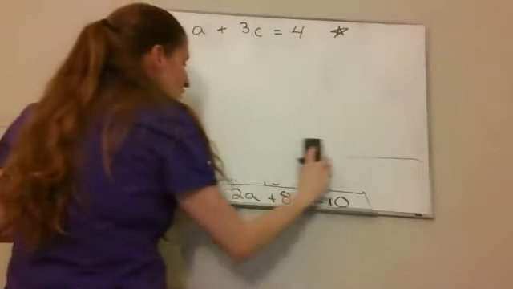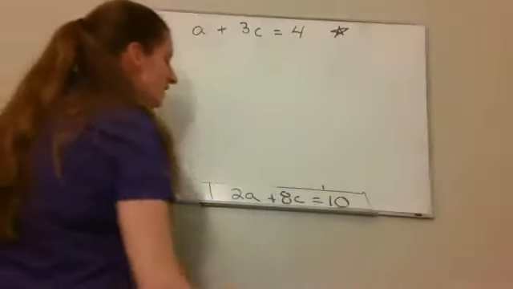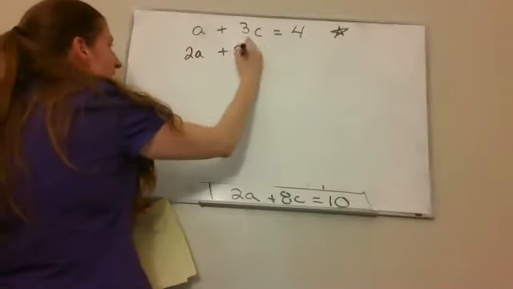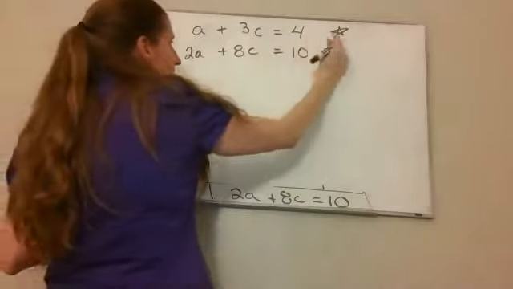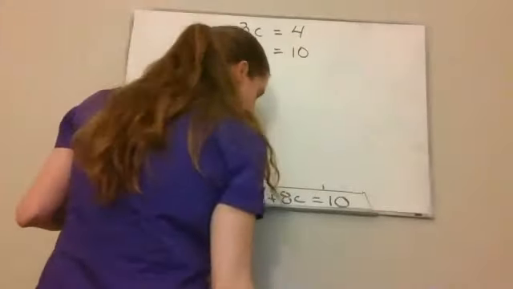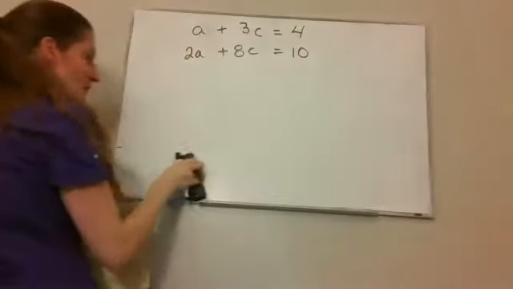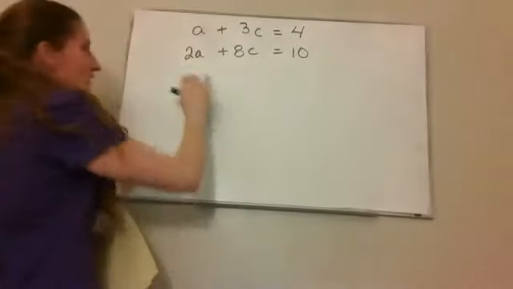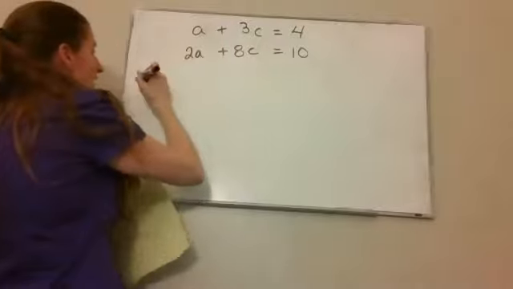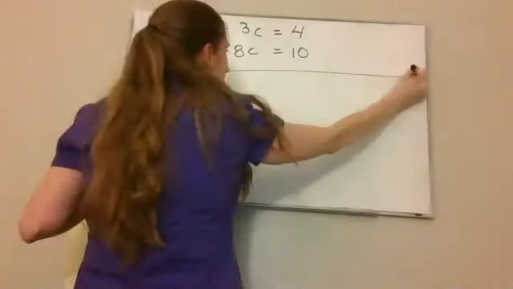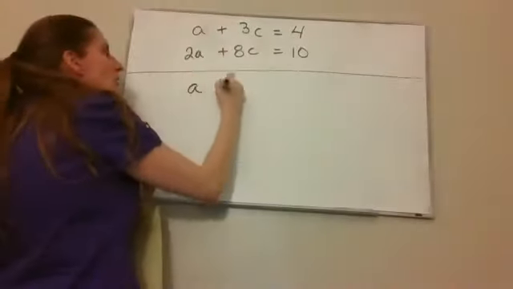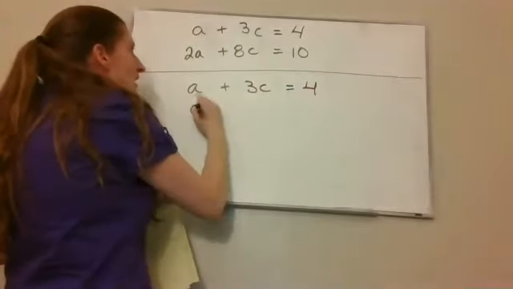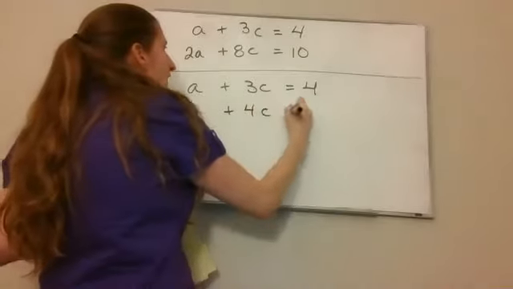And then I have this new equation that I got of 2A plus 8C equals 10. Now I can solve this system for A and C. The first thing I would do is divide that second equation by 2 just to make our numbers smaller. A plus 3C equals 4, and A plus 4C equals 5.